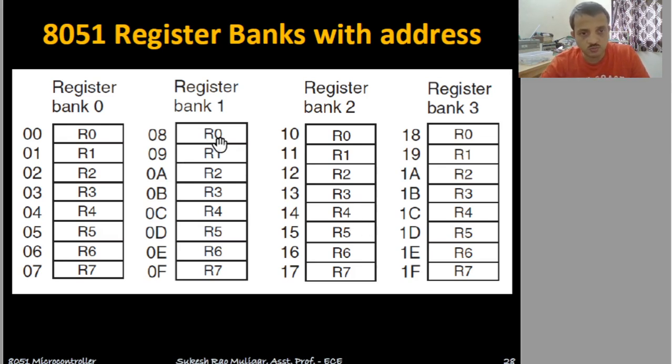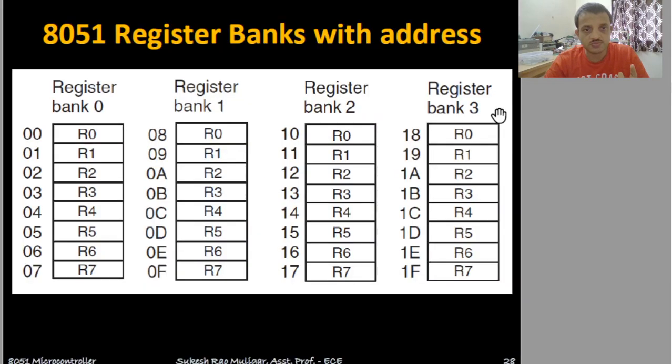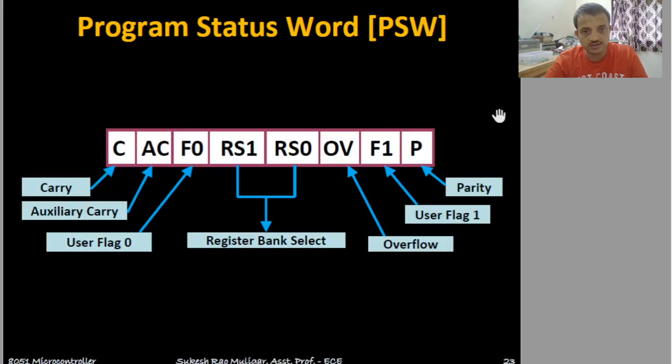So when you want to move some value to register R0, it could be of the first bank, the second bank, or the third bank, and so on. How will it differentiate? The only way to differentiate is the register bank selection, which you have seen in the flag registers here, the bank selection register.